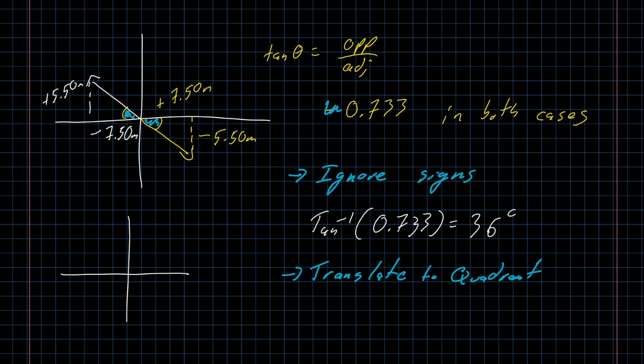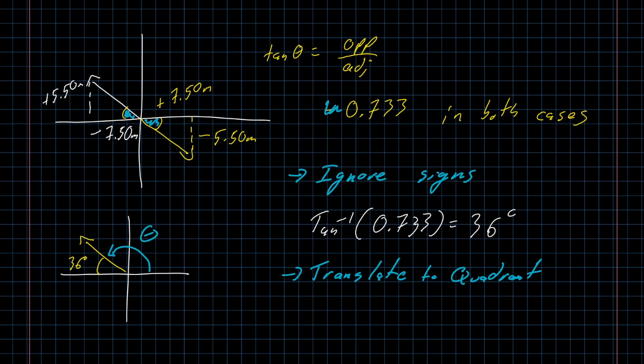So if I'm dealing with this vector in the second quadrant, the angle of 36 degrees is right there. But the convention of working with angles tells us that we want to measure our angle from the positive x-axis going counterclockwise. So that's my angle theta.